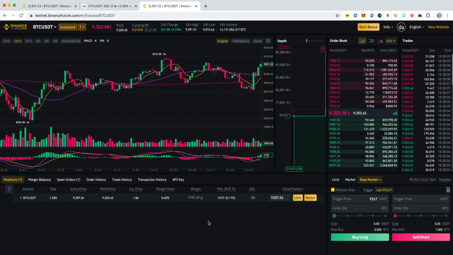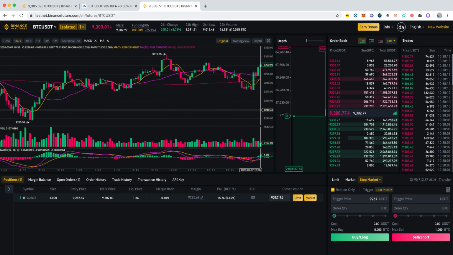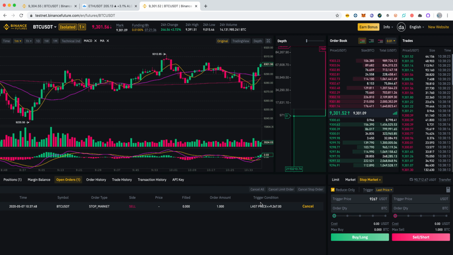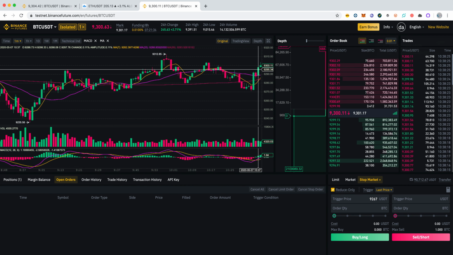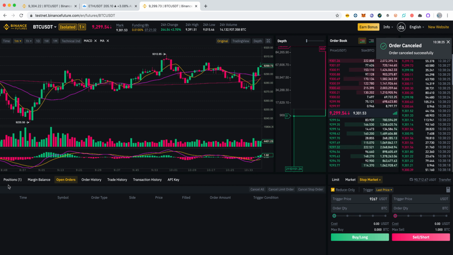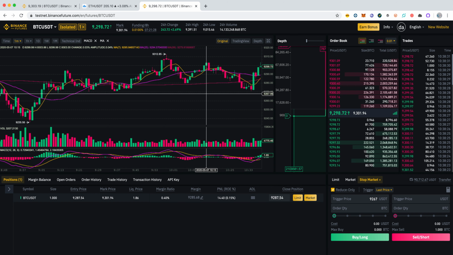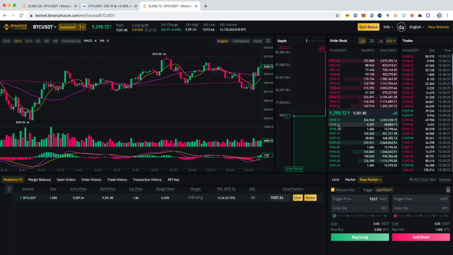Currently, for example, I'm up $15. So what could I do? I say it's a nice profit for me. I'm not greedy, I want to raise my stop loss. So let's cancel this. For the stop loss, for example, where I opened here, I entered at this price.